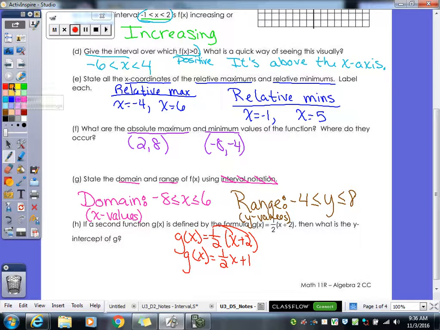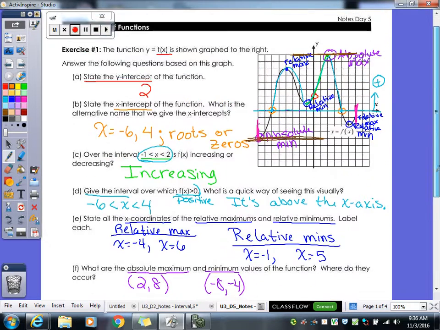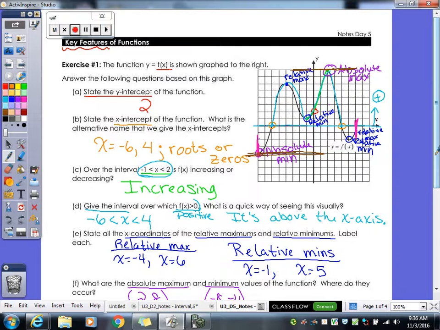Now this is our mx plus b form, which means our y-intercept is that part right there. So the y-intercept of g would be 1. The other way is you could have graphed that up here on the graph if you wanted to, but you didn't have to for that. Okay, let's go to our next one.